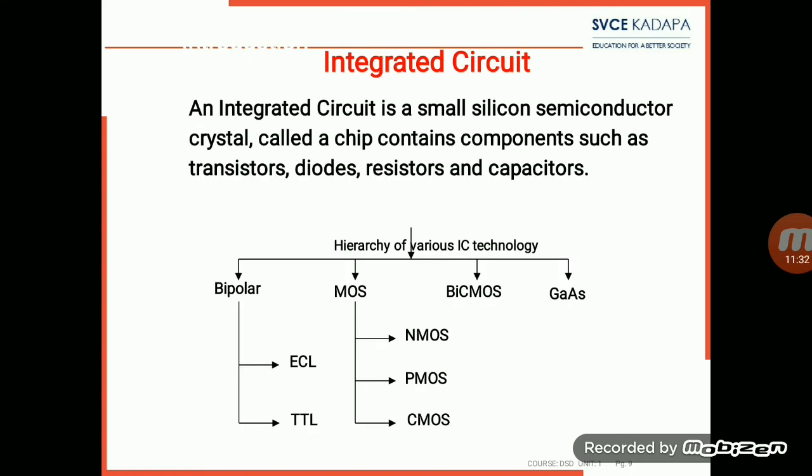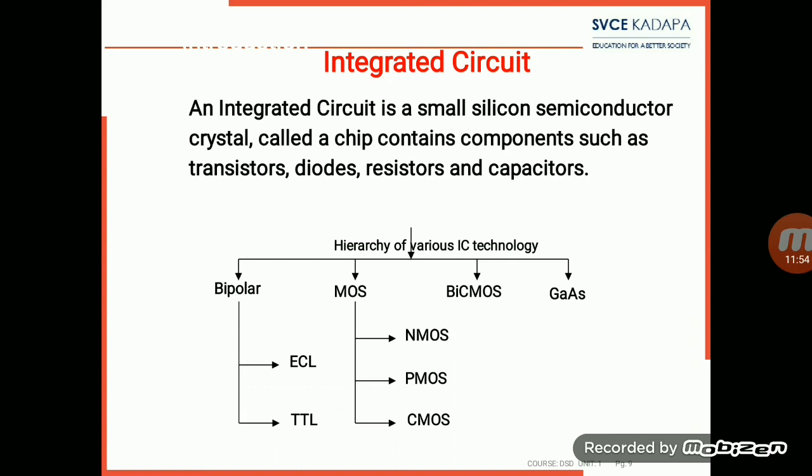Next, let us go to integrated circuits. What is an integrated circuit, and what are the various IC technologies available to make a digital IC? What is an integrated circuit? An integrated circuit is a single silicon chip.